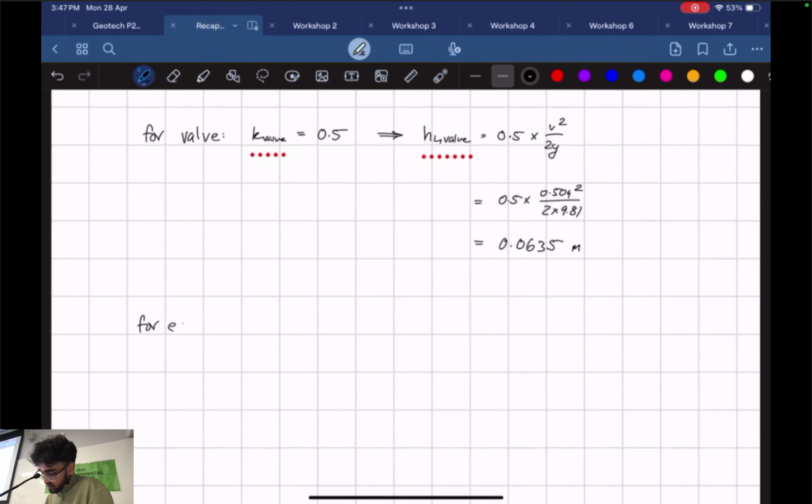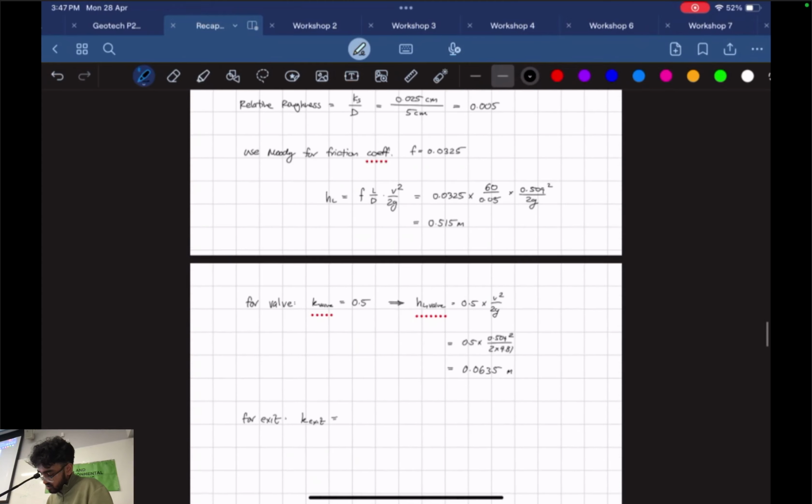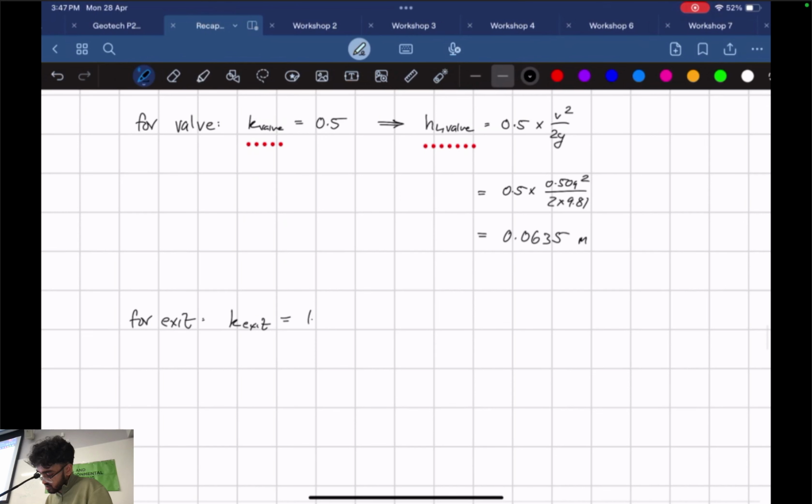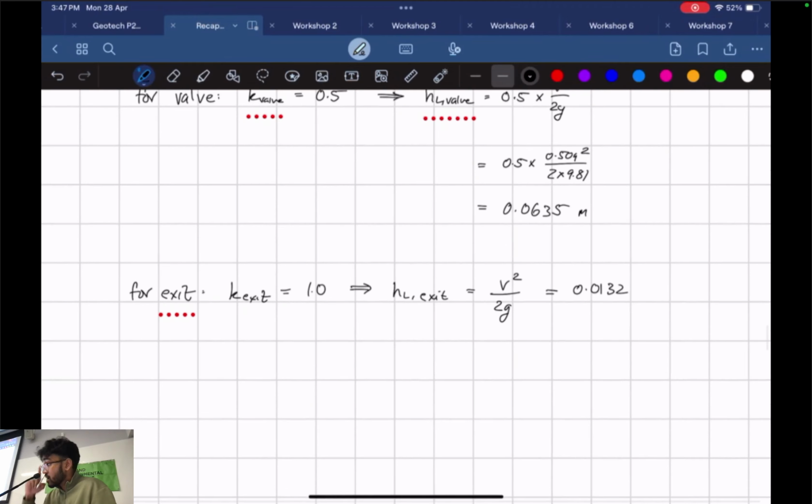For the exit, K exit is equal to 1. It's 1. And we also have the bends.